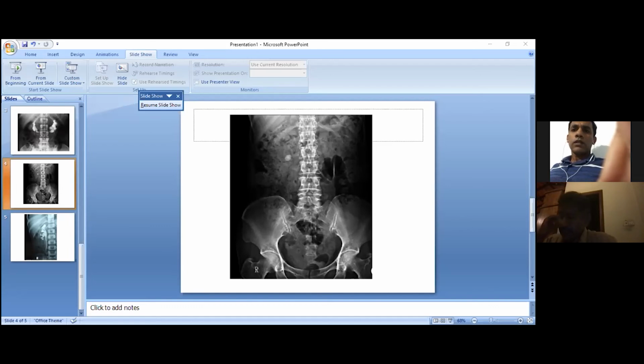So investigations wise, what would you like to do? A contrast CT or non-contrast CT? I think apart from the basic investigations like UFR and urine culture, I will do a renal function as well, because she has multiple comorbidities.